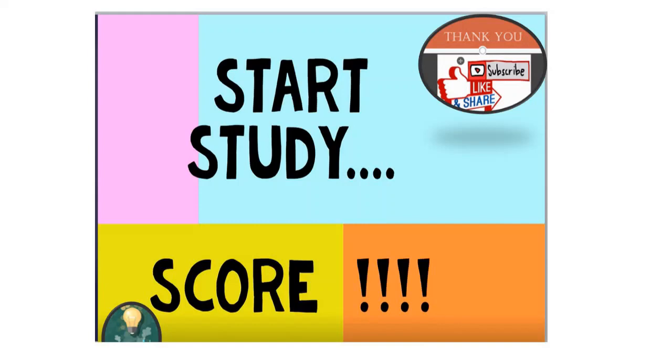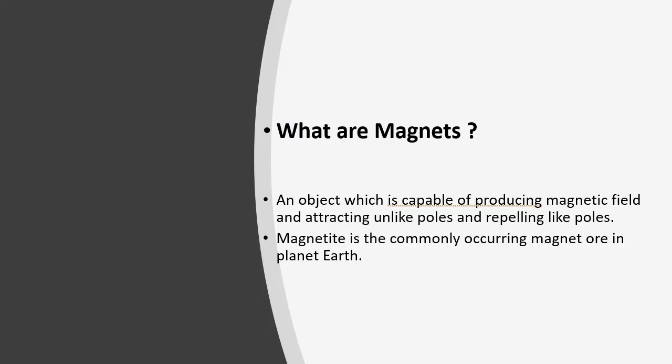We are going to start a very intimidating topic that is called magnetism. Now, what are magnets? We have started magnetism from early class 7 or year 7. We know what magnets are, how they work, and how they don't work in certain circumstances.